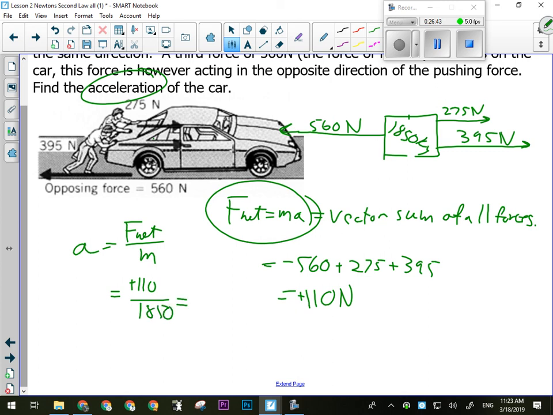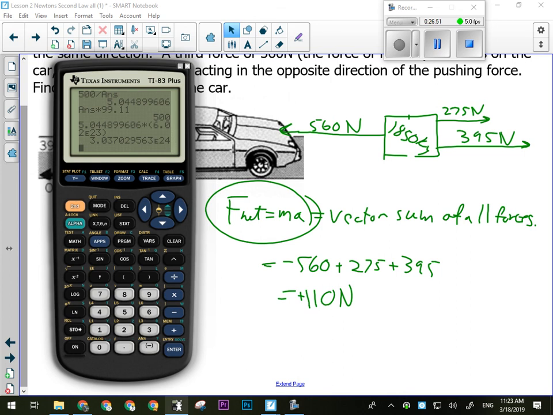This is a pretty small acceleration. Yes, it is. You don't get a car really flying by pushing it. So we've got 110 divided by 1850. All right, so this is like 6 centimeters per second squared is my acceleration.